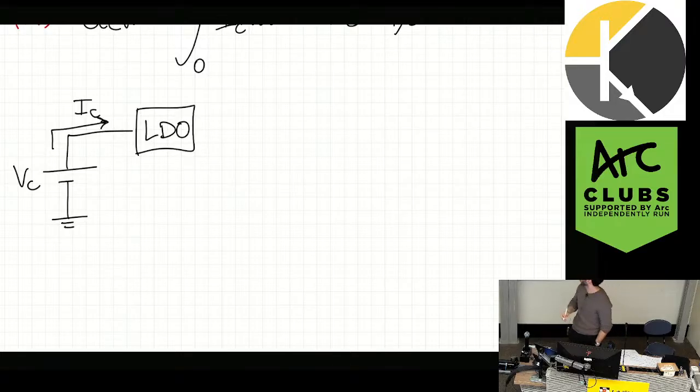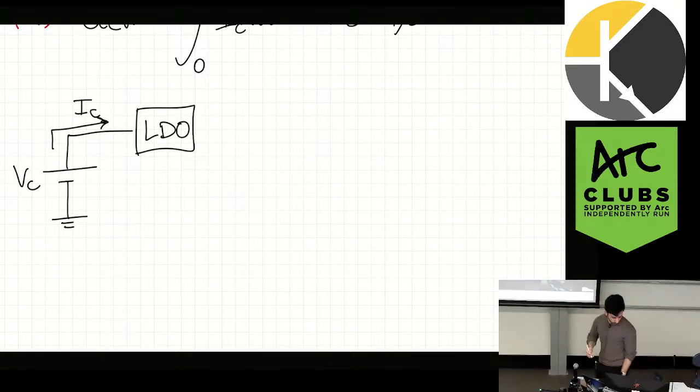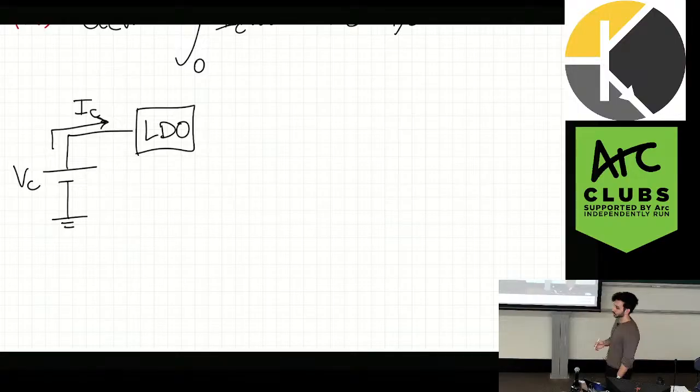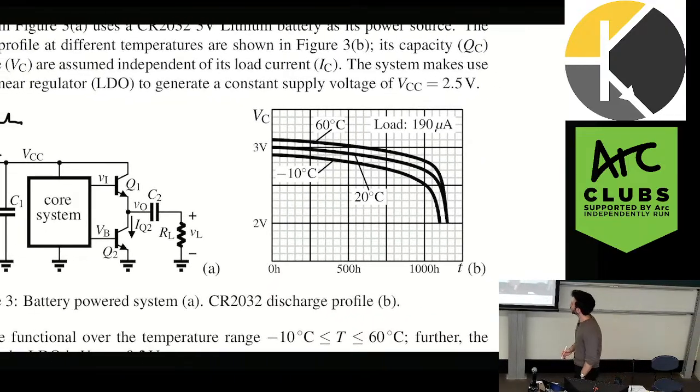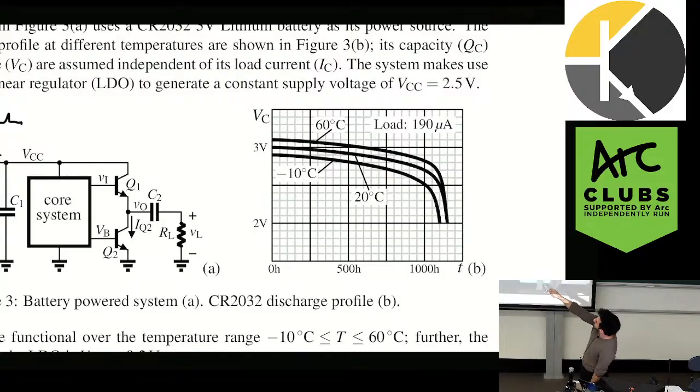When we think about worst case battery capacity, we need to think about when does the circuit actually die out, when does the circuit stop working. Because we have these discharge profiles, but on the x-axis is time. So how long is it going to last? What is its worst case lifetime?